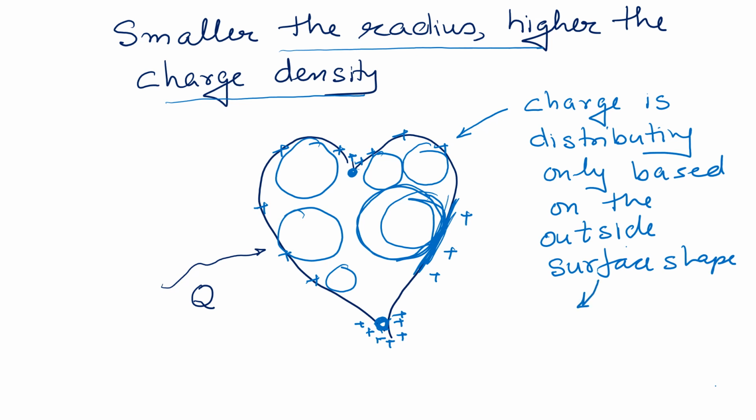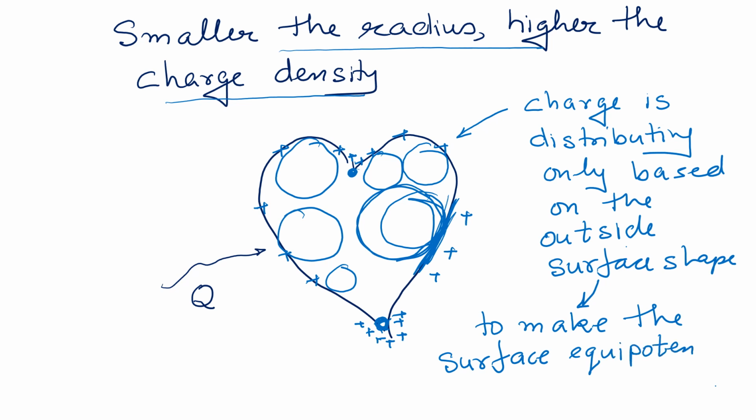Charge would distribute to make the surface the same potential, or equipotential. That's how charge would distribute itself. And to make this surface equipotential, any place where I have a sharp point, that's where you would start seeing a lot higher charge density.